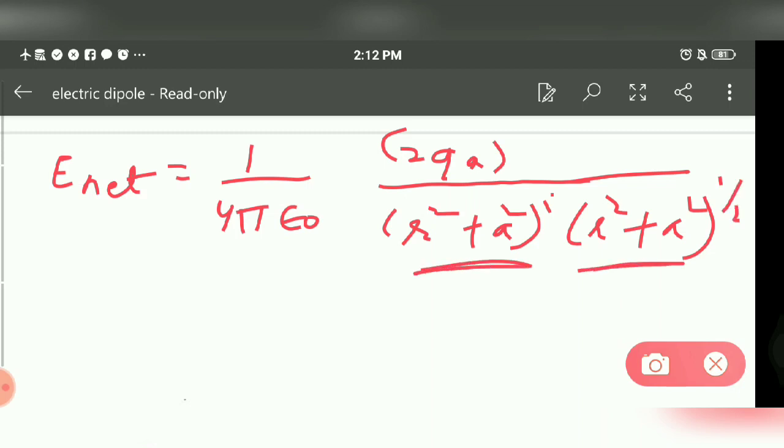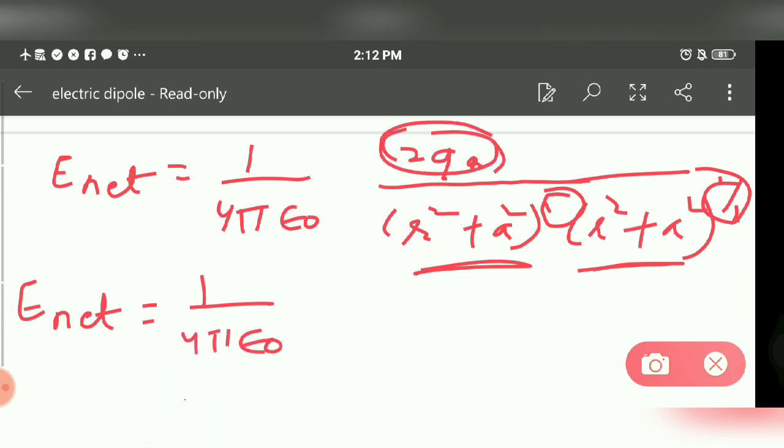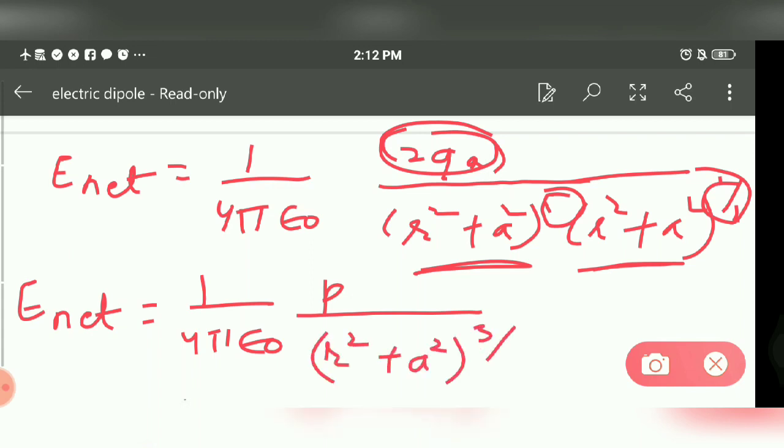Base same, powers are added, that is 1 plus 1 by 2, that is 3 by 2. So E net equals 1 by 4 pi epsilon naught, this is what? P upon r square plus a square raised to the power 3 by 2.